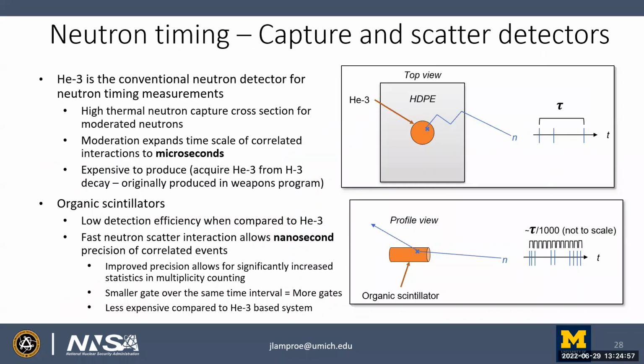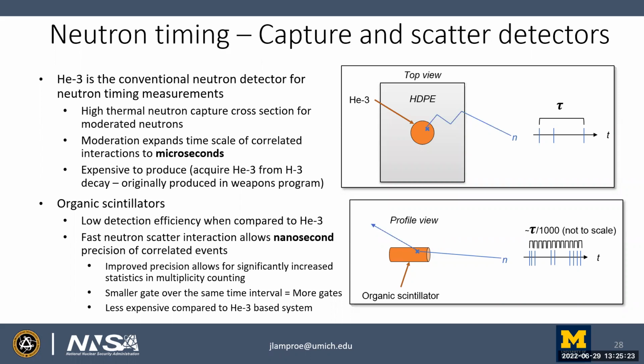And so here is a little summary for the capture and scatter-based detectors. Basically, helium-3 is the conventional method. It's super common, you'll see it a lot. There's a high thermal neutron capture cross-section for the low energy neutrons, and then we can moderate down fast neutrons into that range so that they also have the higher cross sections.